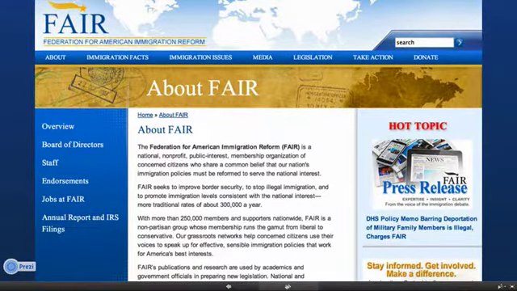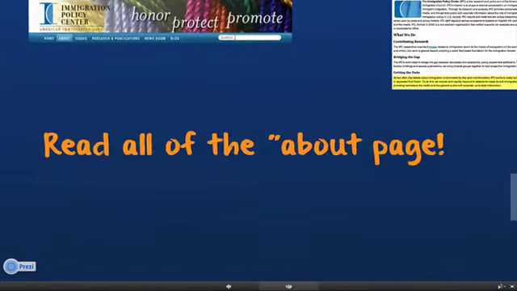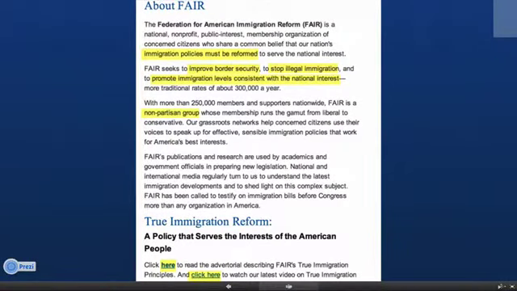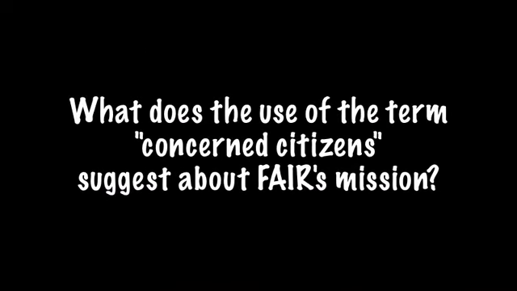So we look at the website that they got it from, which is FAIR, Federation for American Immigration Reform. And if we clue in and look at the About FAIR page, it tells you a little bit here. The Federation for American Immigration Reform is a national nonprofit public interest membership organization of concerned citizens.